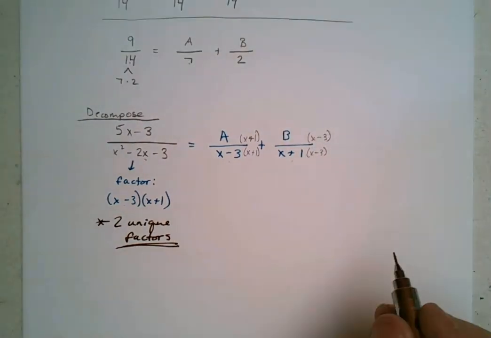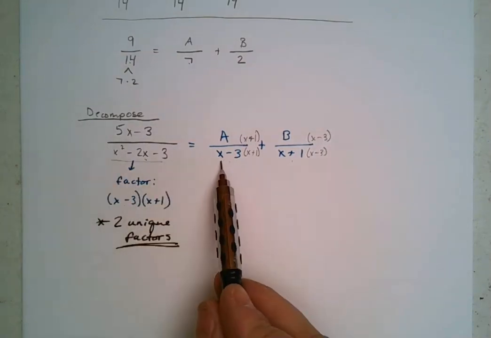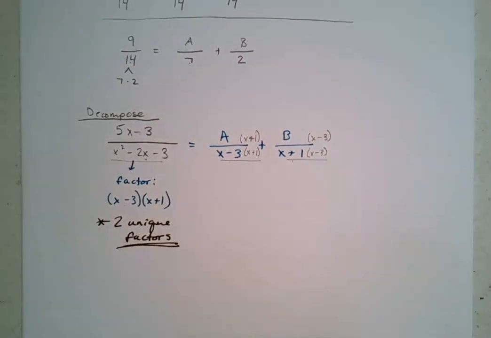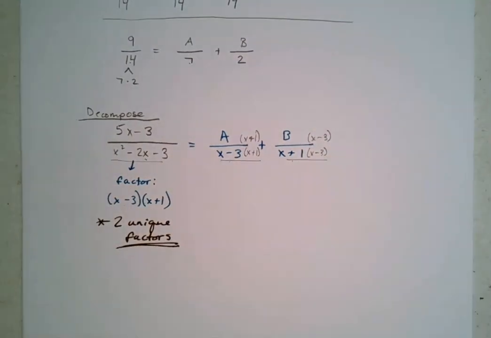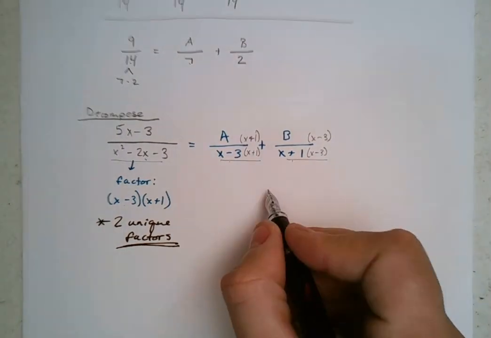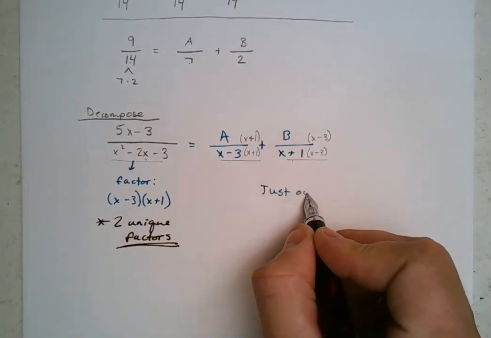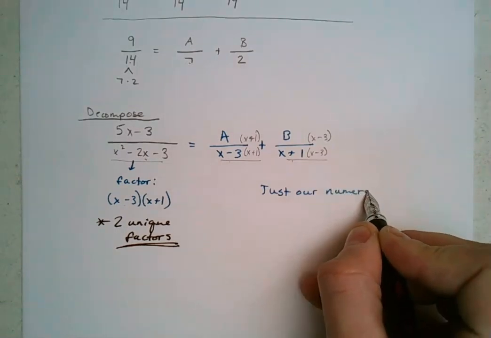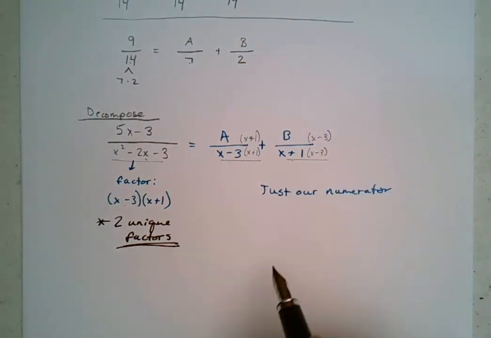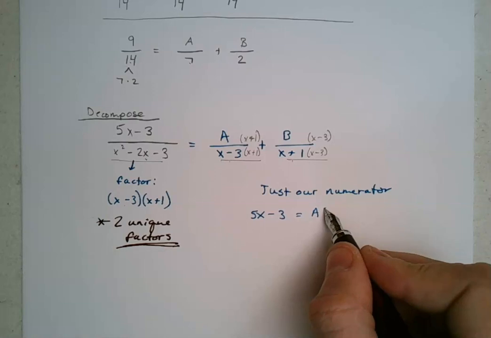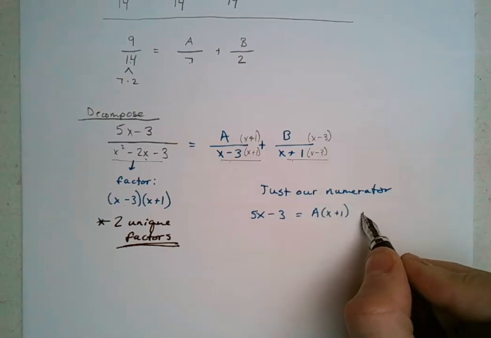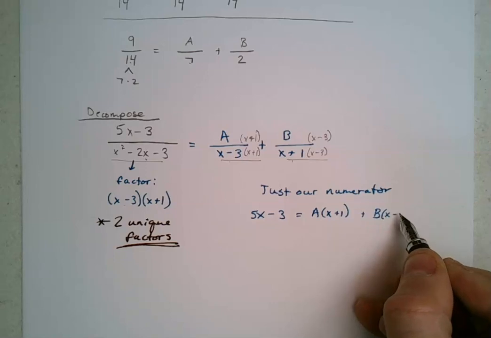Okay. Now, because all of these are equal, i.e. the common denominator, we don't really care about the denominator. We really only care about the numerator. And so what we're going to do is take just our numerator and say 5x minus 3 is equal to A times (x plus 1) plus B times (x minus 3).